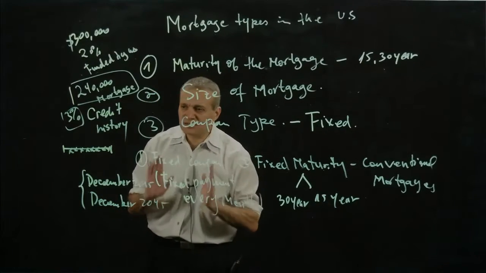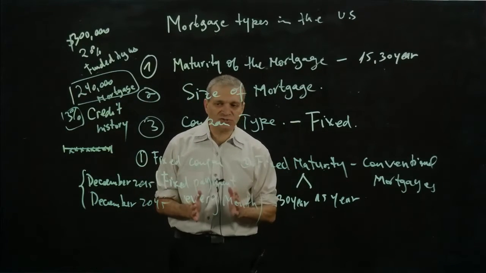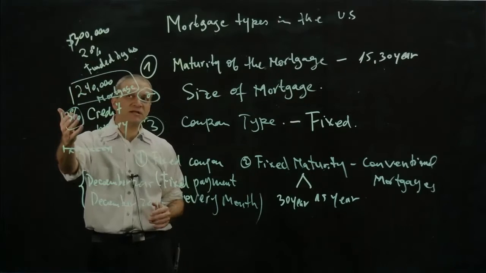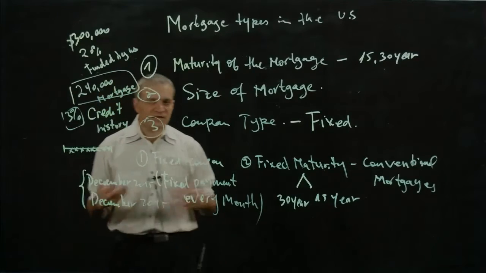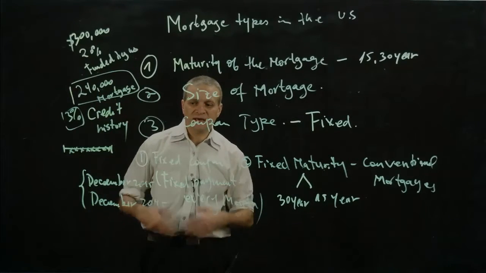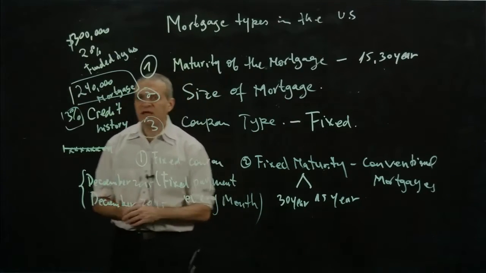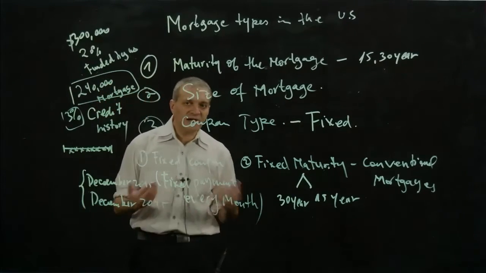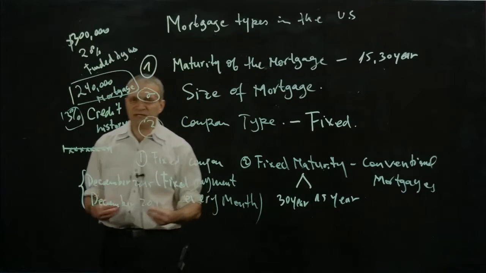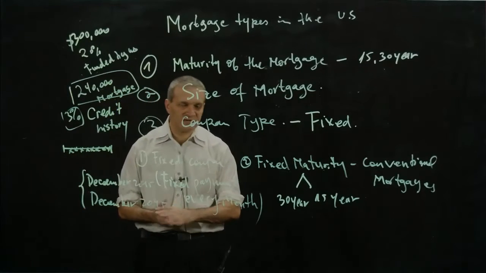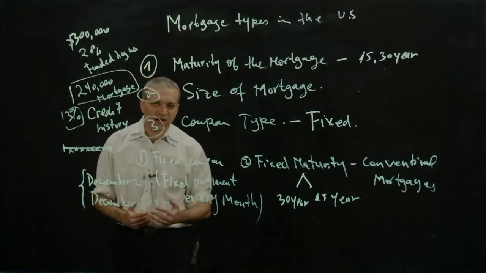It wasn't like this in the older days. The mortgages were much shorter, and your down payment was not 20% but much higher. So the affordability of housing was not as good as it is now. It's actually very interesting to read the history, and I would encourage you to read about what President Franklin Delano Roosevelt did in order to reform the mortgage market in the United States, and how the mortgage market looked prior to the 1930s.